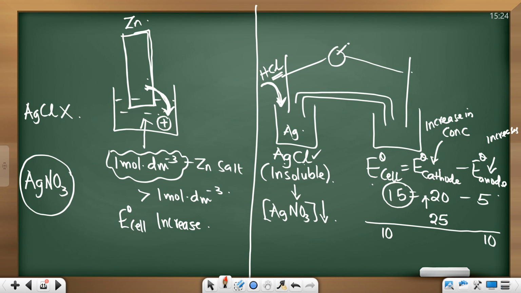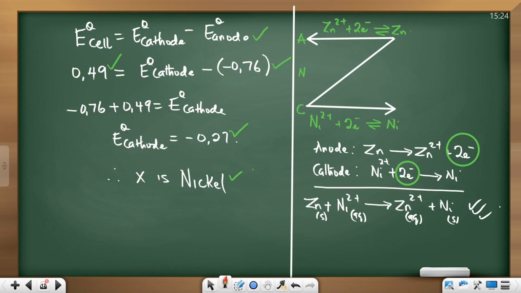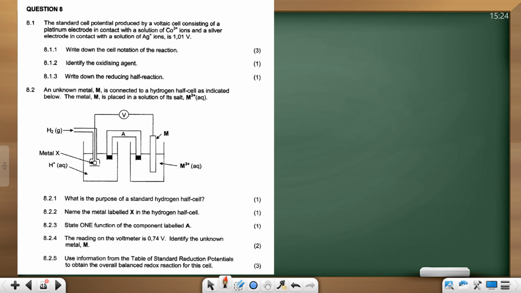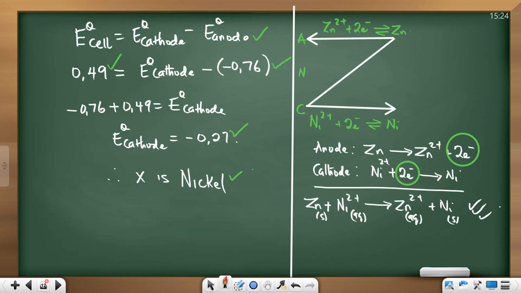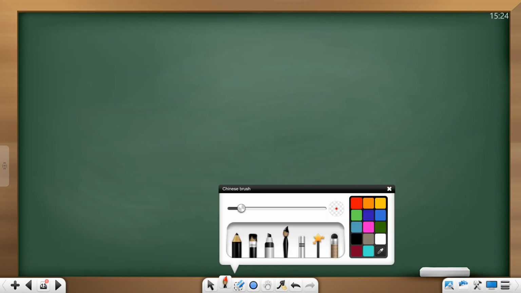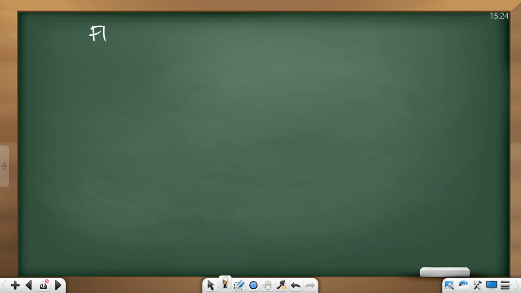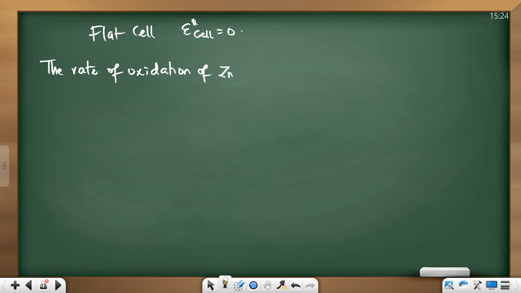If it's a flat cell, let's see quickly. What is a flat cell? Flat cell, the E cell is equal to 0. You are simply saying the rate of oxidation of zinc is the same as the rate of reduction.